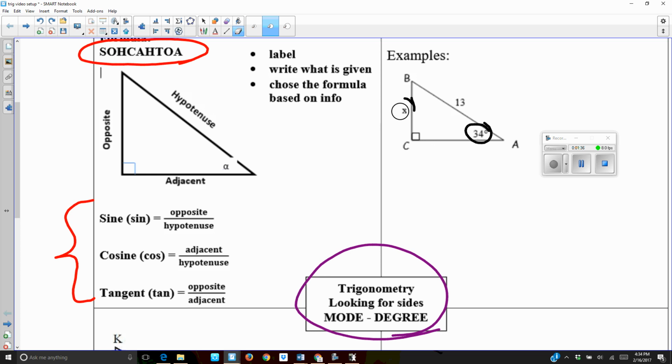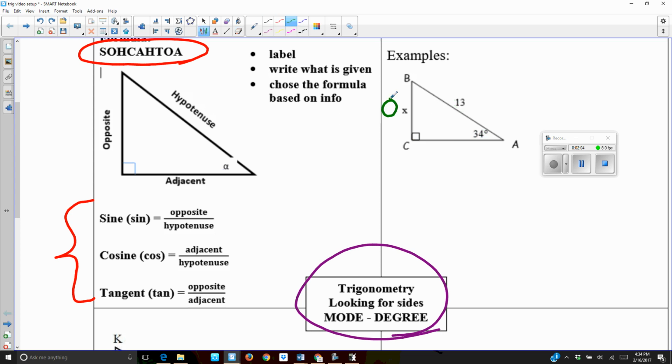We should recognize x as the opposite side of 34 degrees. And really it's the opposite side because 34 degrees is formed by this side in red and this side in green. The opposite side is not one of the sides that helps form that angle. So that's why x is the opposite side from 34 degrees. It's not touching the angle at all.